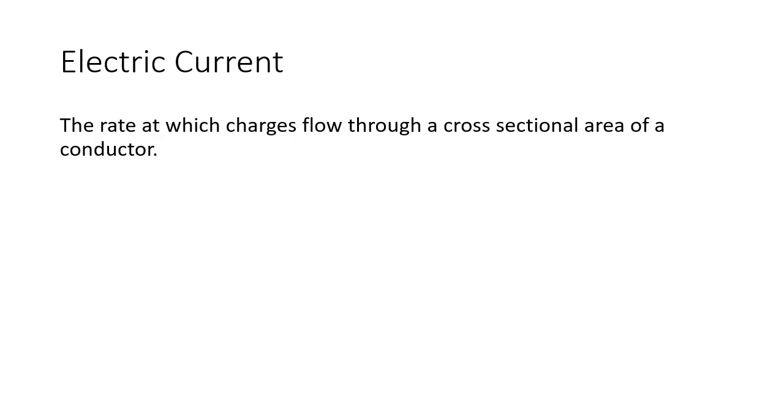It is the rate at which charges flow through a cross-sectional area of a conductor. That is, the number of charges passing through a given area in 1 second of time. Now let's consider a charge q passes through a given cross-section of the conductor in time t.